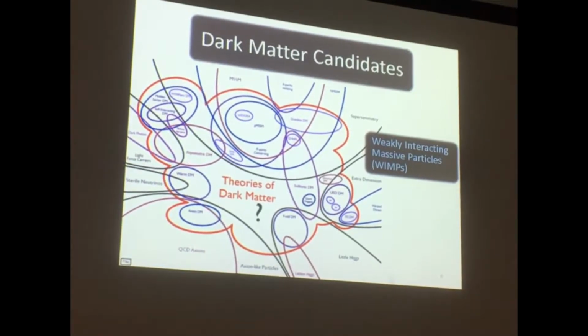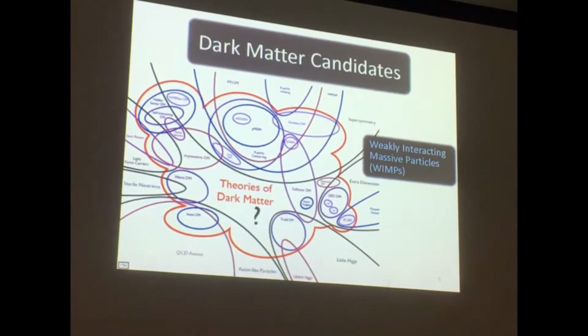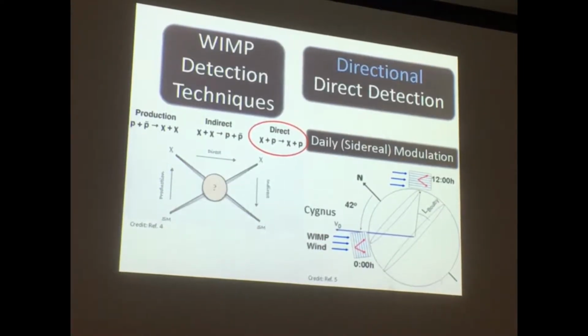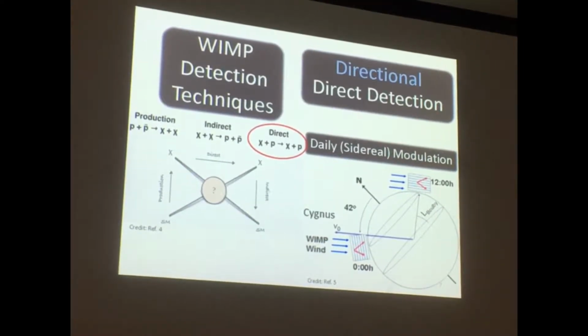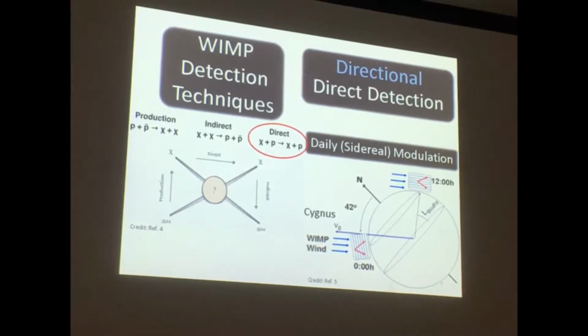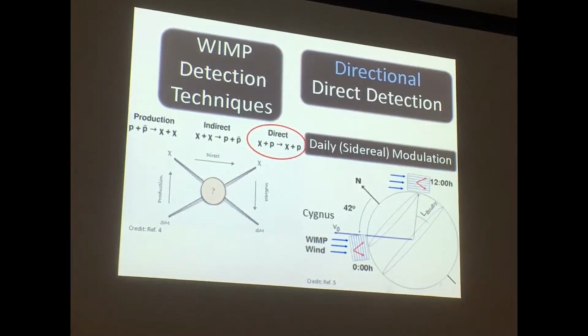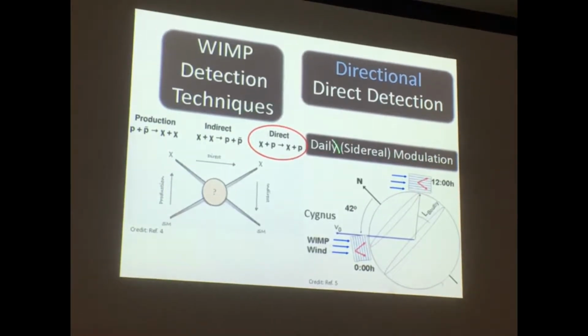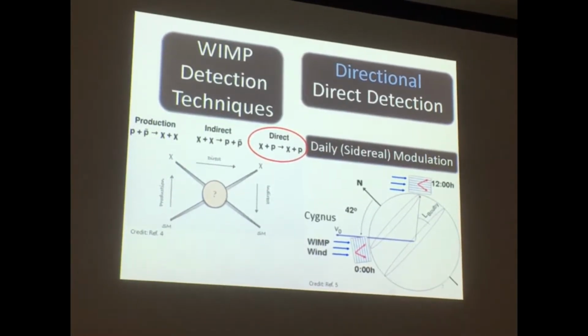So when I say dark matter, I'll be referring to WIMP dark matter. There are several different ways to detect these WIMP particles. One is production technique, another is indirect detection, but what I'll be focusing on is direct detection.